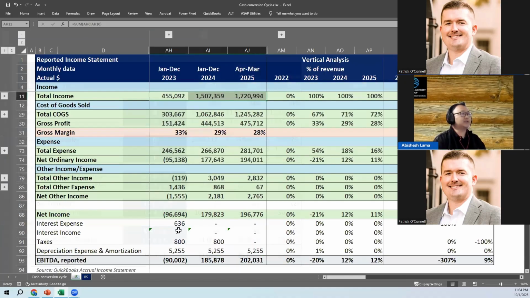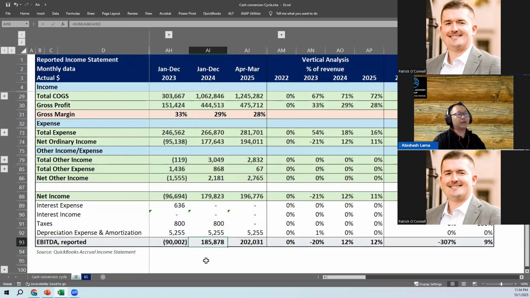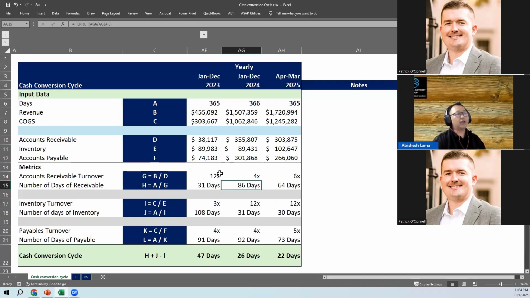So let us say they've reported an EBITDA of 185,000 for 2024. And if I see maybe 50,000 is a significant old balance, then I would ask the seller, is this collectible?